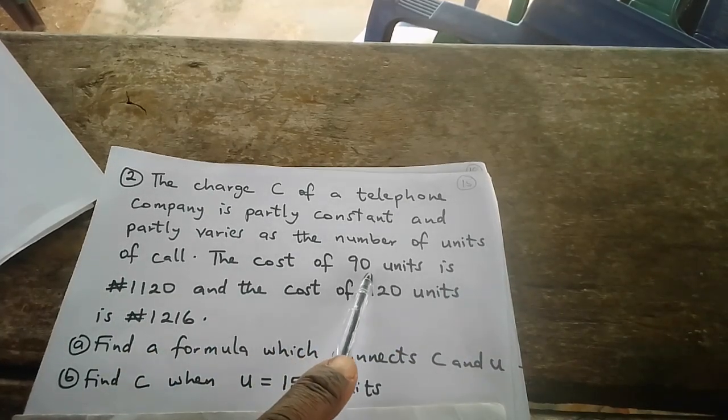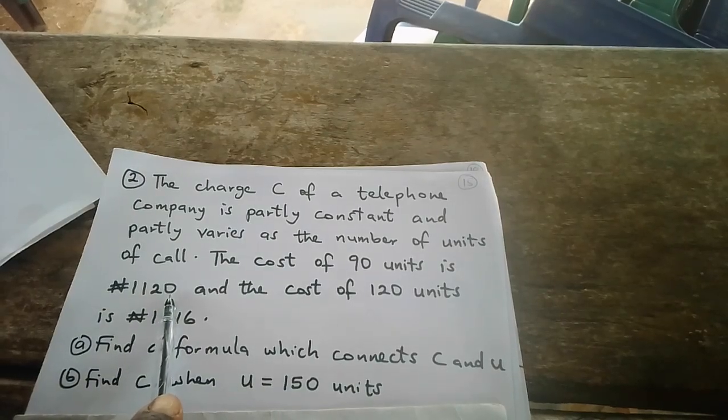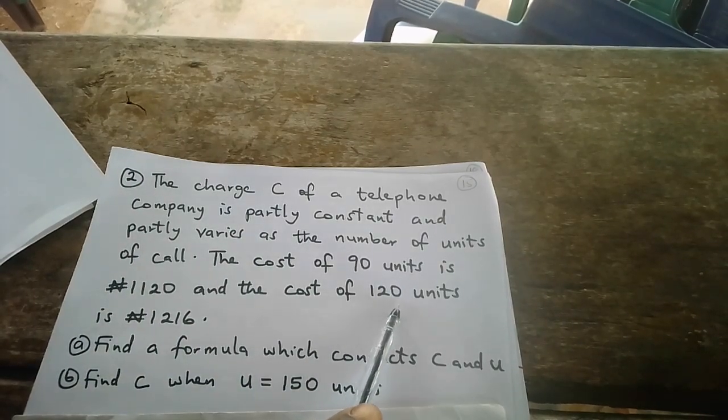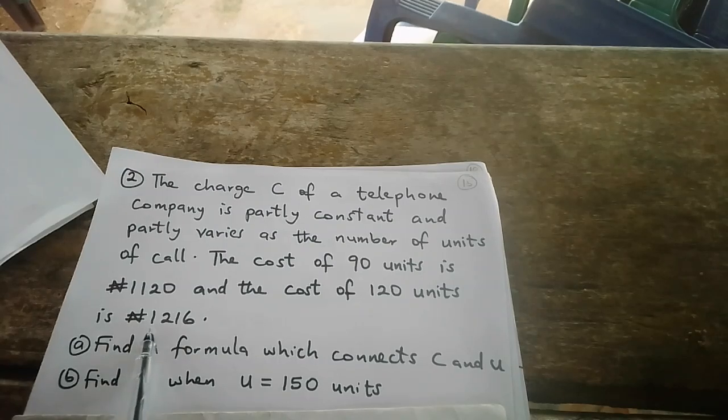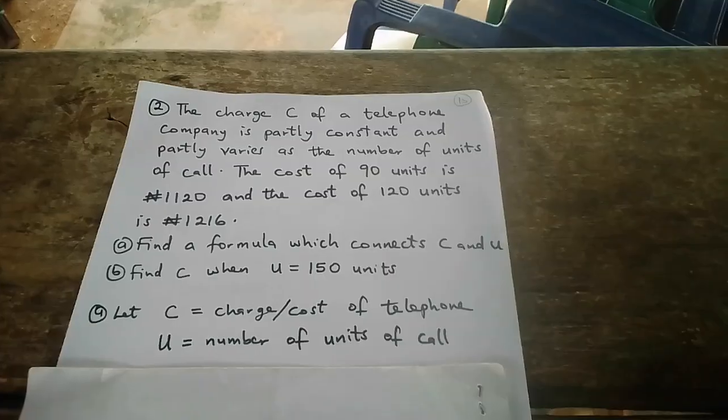The cost of 90 units is 1,120 and the cost of 120 units is 1,216. A. Find a formula which connects C and U. B. Find C when U is equal to 150 units.